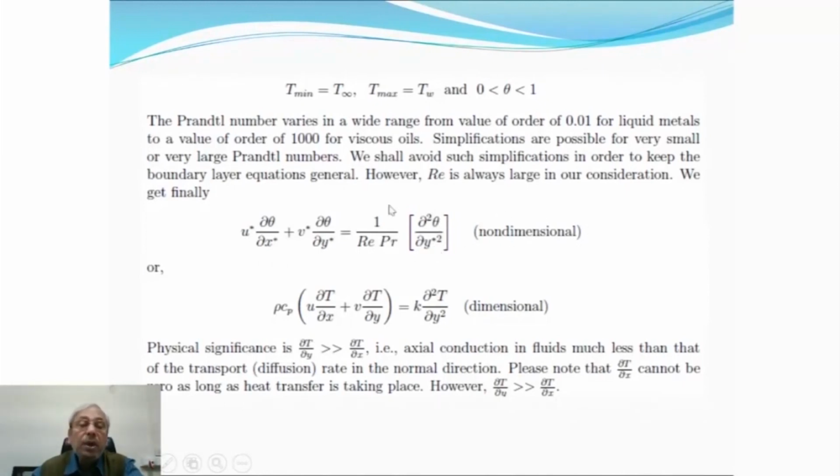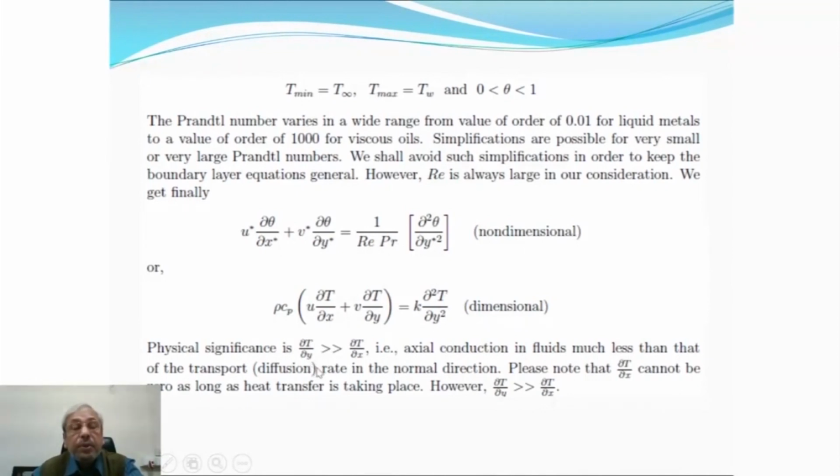Non-dimensional value. Dimensional value, if we go back from here, we will get rho Cp u ∂T/∂x plus v ∂T/∂y equal to K ∂2T/∂y2. Physical significance is basically ∂T/∂x is not to be dropped as it is 0 on that argument.